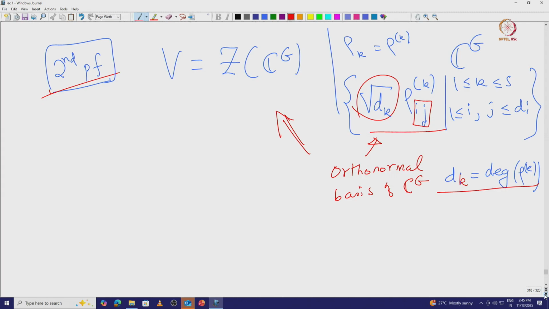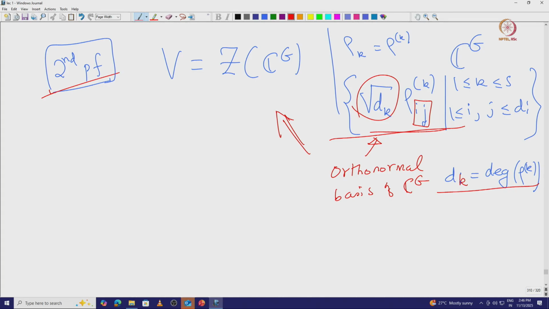Maybe I will do that in the next class and then we understand the character of regular representations. Using that understanding, we immediately conclude that the normalized matrix coefficients form a basis for CG.